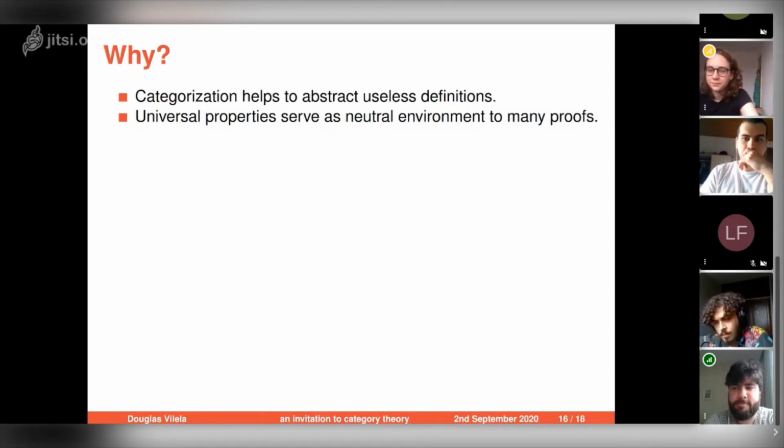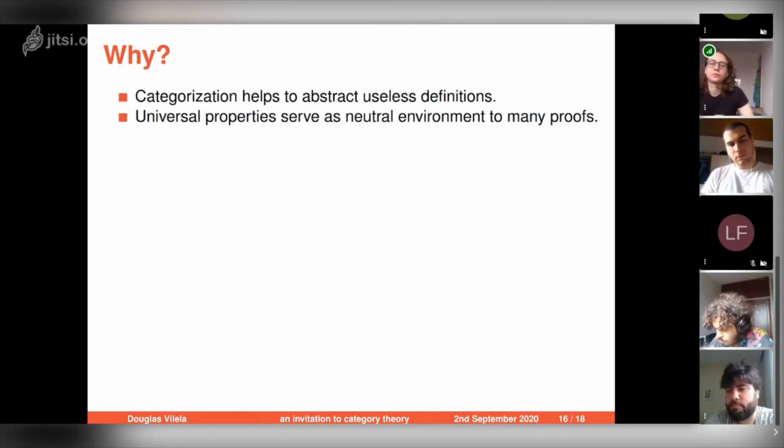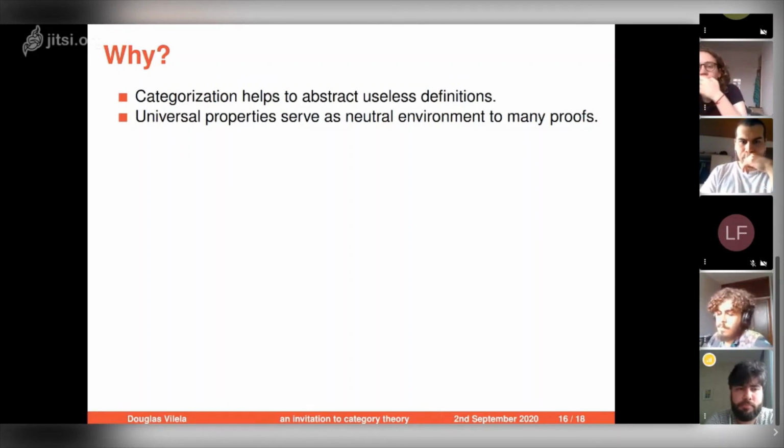So the first reference is a classical one, the categorification by John Baez and James Dolan, that gives a lot of motivating examples. And I think that anyone should take a look. The second reference, maybe more advanced, is a talk by Jacob Lurie about categorification of Fourier theory.